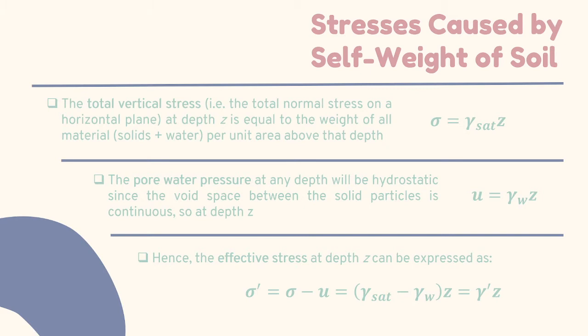So first, we have the total vertical stress, and this is equal to the weight of all material, so we are dealing with solids plus water per unit area above depth Z. So we can write sigma is equal to the saturated unit weight times the depth Z. In SI, this is expressed in kilonewtons per cubic meter times the depth Z in meters.